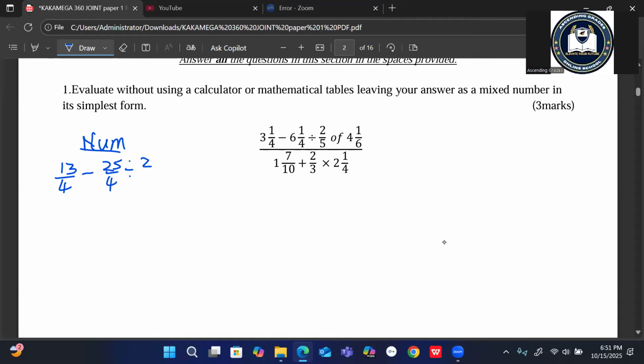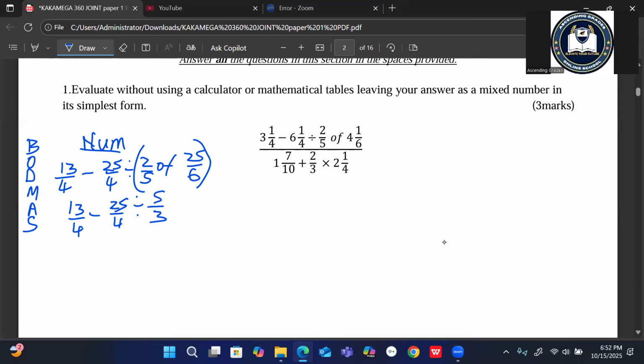Then divided by 2/5 of 4 1/6, which is the same as 25/6. Following BODMAS, we don't have brackets, so we begin with 'of'. So it would be the same as 13/4 minus 25/4 divided by 5/3.